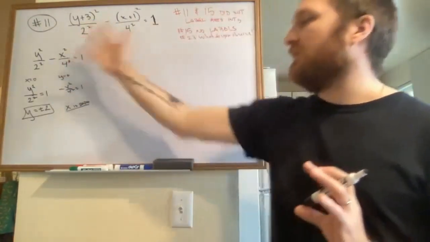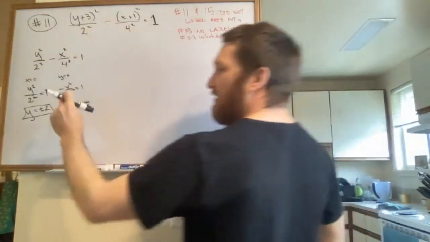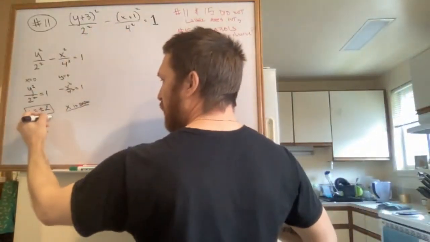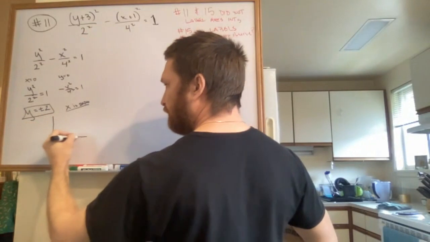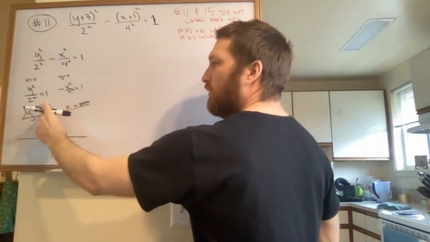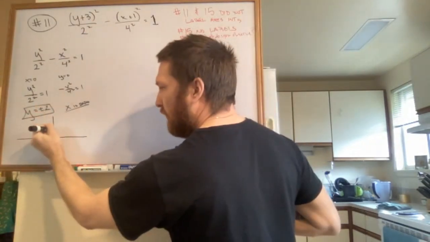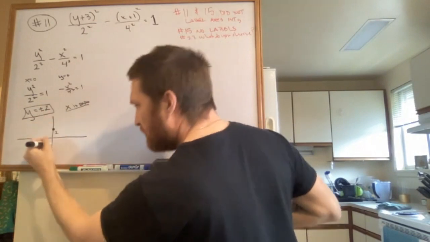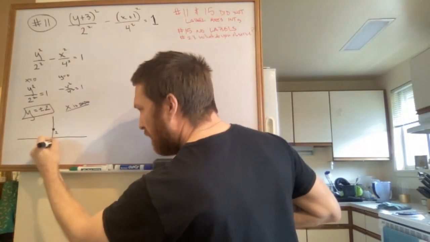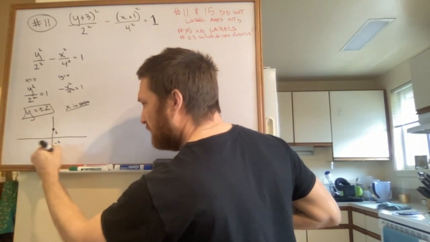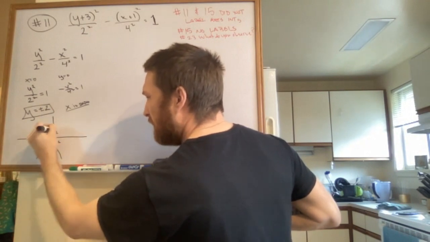In this special case, my thing that I'm dealing with would look like this. It would go through the y-axis at plus and minus 2. So we have here at plus 2, down here at minus 2, and it would do this type of thing.